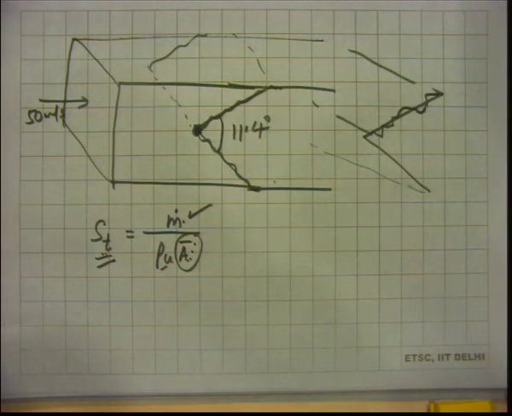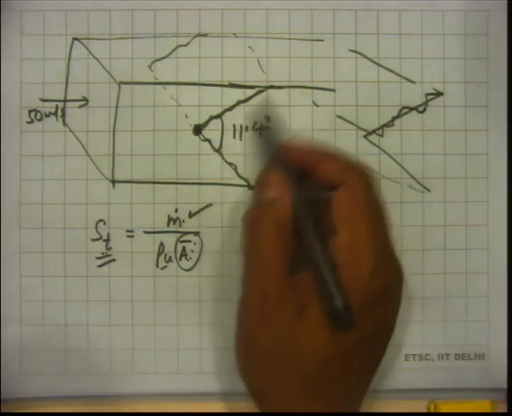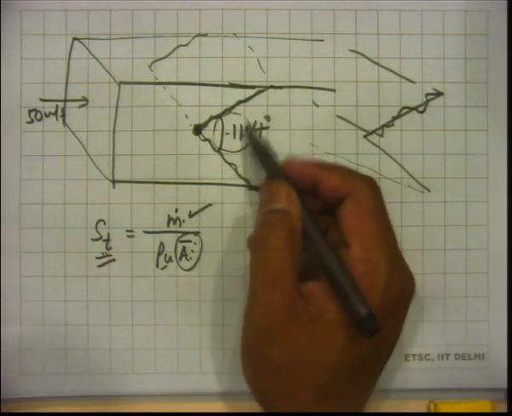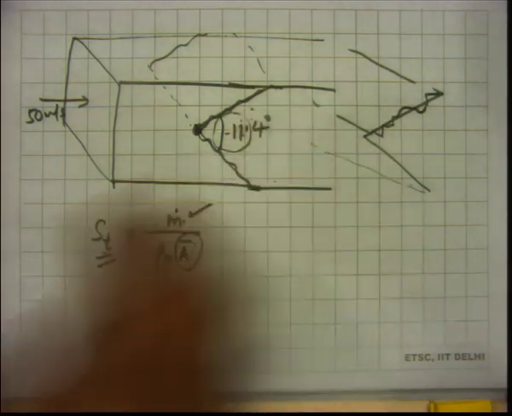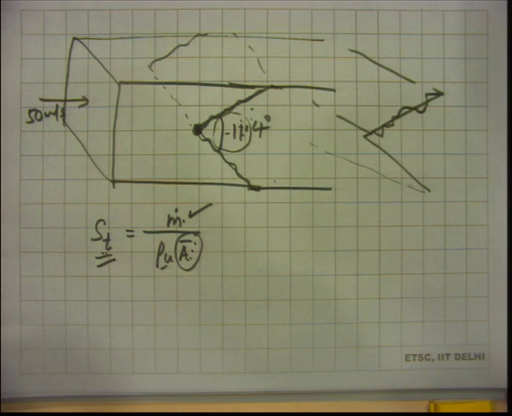Actually, there is a photograph in the book which shows this quite nicely, but today we had some difficulties with the computer, so I couldn't show you that one. So you have the flame set up here, and in this region there will be a recirculation zone, and that recirculation zone will consist of combustion products. So there is flame, there is burning taking place, and because of the recirculation, the combustion products are kind of stuck out there, and they give you sort of a uniform composition of product gases and high temperature.